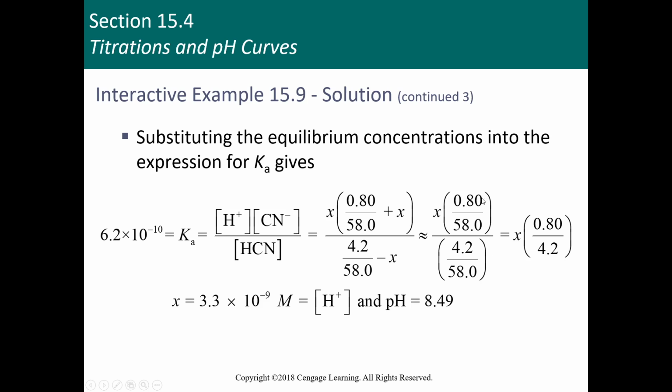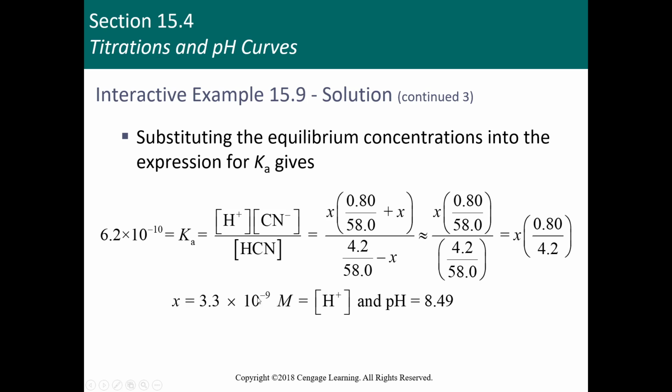We go ahead and do the math. This divided by this. By the way, the reason that we left these as fractions is because they are both divided by 58. And so that means these will cancel, leaving you with 0.8 divided by 4.2 times X. And so we multiply over, divide over, and we get X equals 3.3 times 10 to the negative 9th.